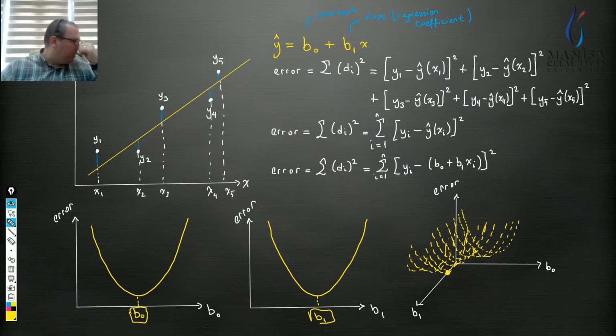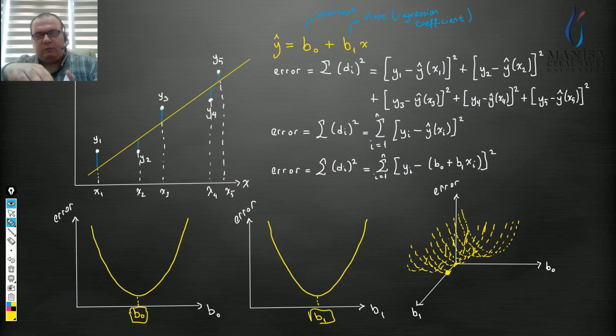For example, I can show you with a paper. So we have a 2D curve like this, and we are going to search this point.